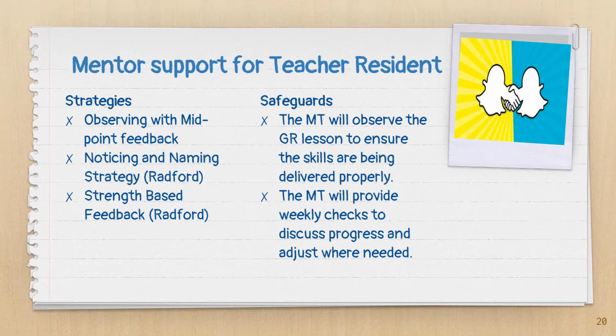The noticing and naming strategy is a great strategy from Radford, and the strength-based feedback is another strategy I plan on using. The safeguards, I will be trying to observe the guided reading lessons to ensure that the skills are properly being delivered. And also we're going to check in weekly to discuss progress and see where we need to go from there.